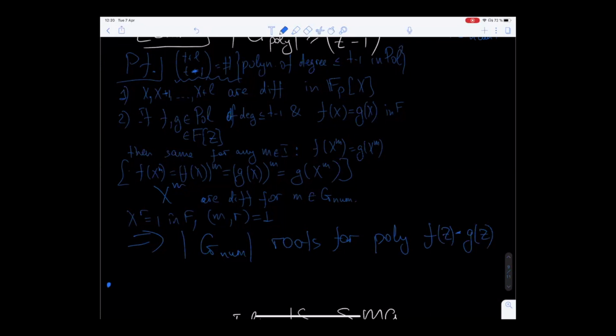But we know that genome has size at least t, and the degree of polynomials f and g was at most t minus 1. So thus this polynomial must be identically 0, a zero polynomial.